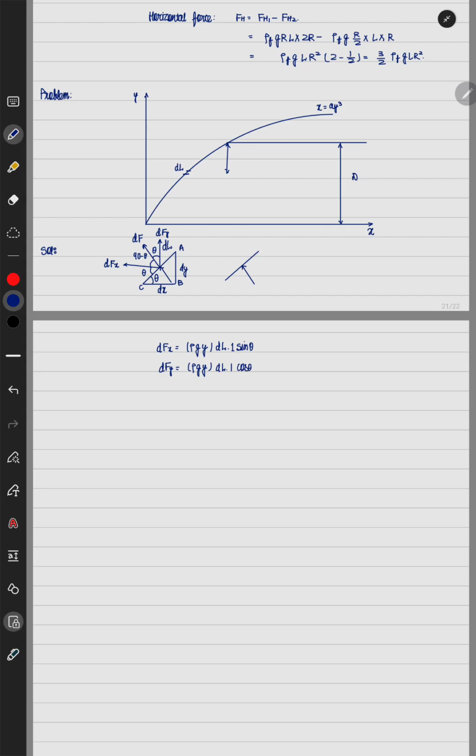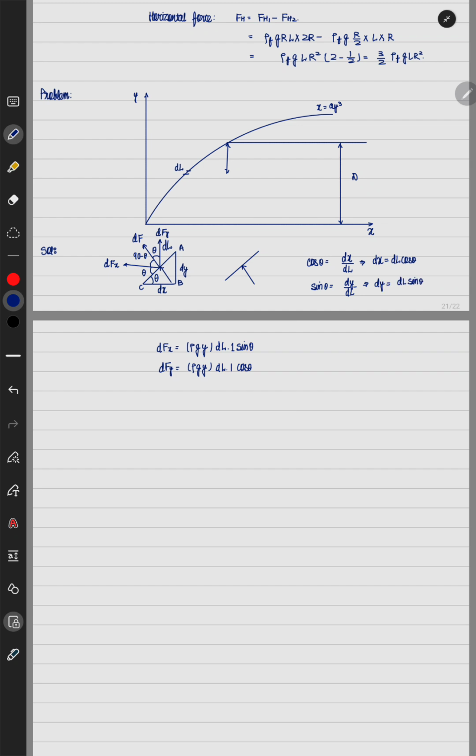Now from triangle ABC, I can say cos theta is equal to dx divided by dl, and sin theta is given by dy divided by dl. So dx is equal to dl cos theta, and dy is equal to dl sin theta.